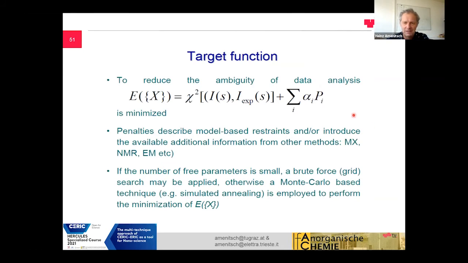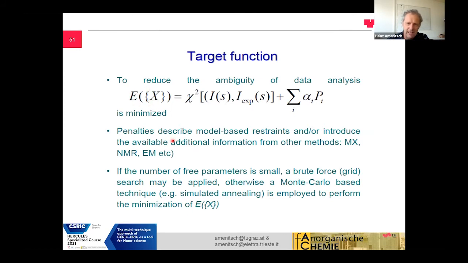Okay, so in simple words, again, you are minimizing the chi-square, the difference between the experimental data and the model. You have to add some constraints, and this is what you actually then try to satisfy.